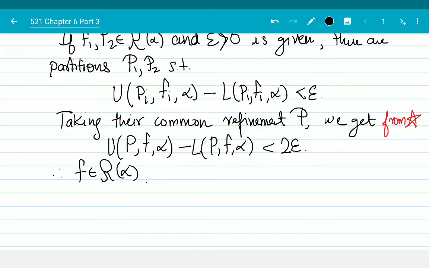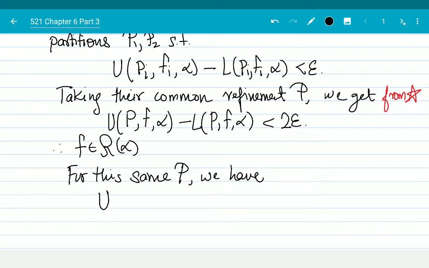If I do this with the same P, I can show that for this same P, we have U(P, fi, alpha) smaller than the integral of fi d alpha plus epsilon, right?